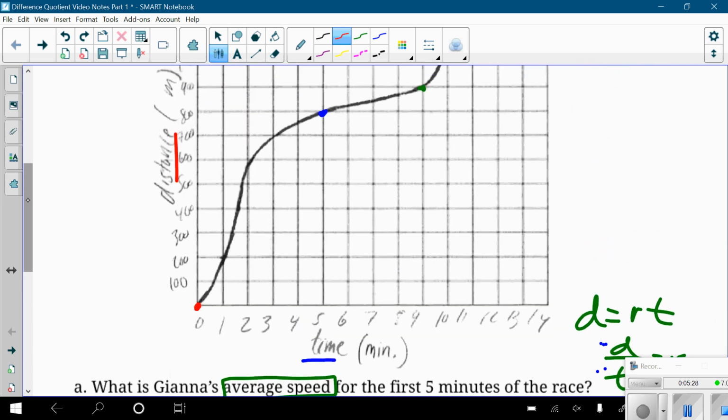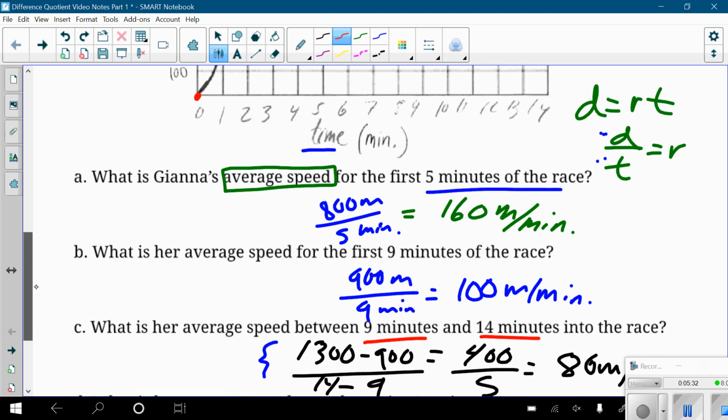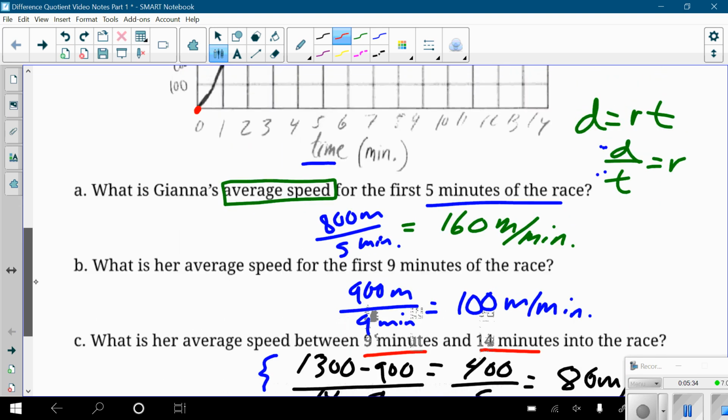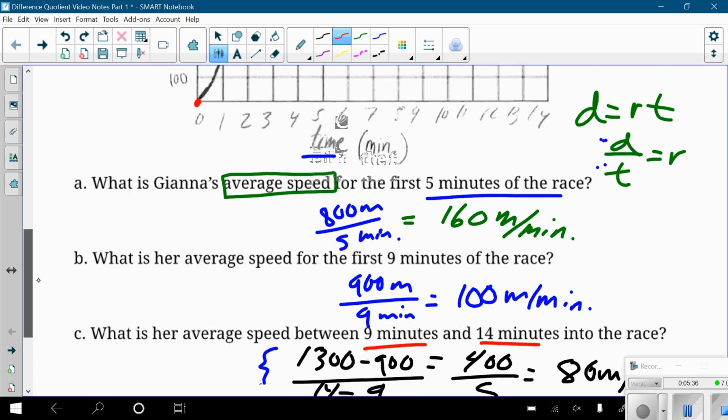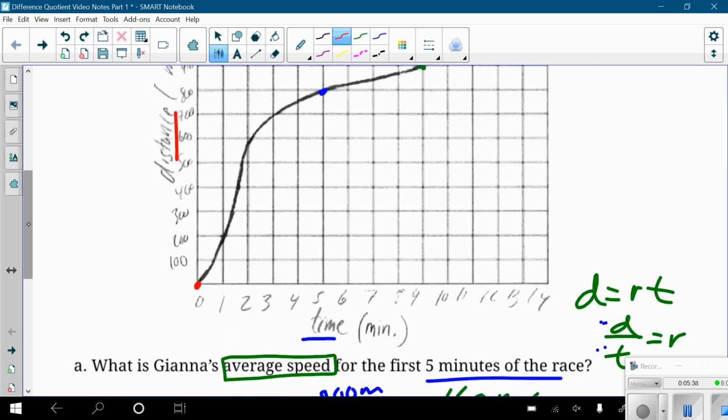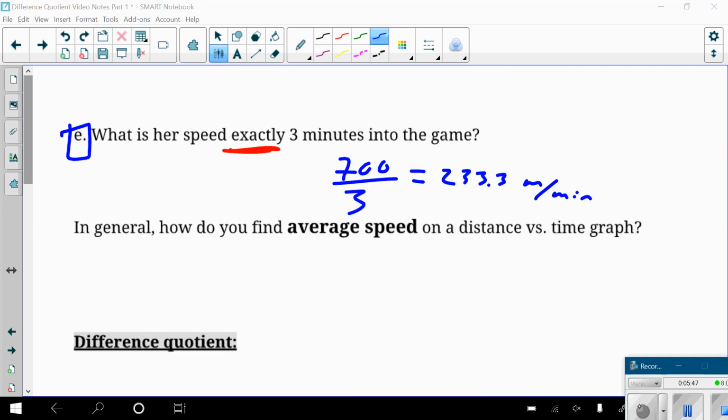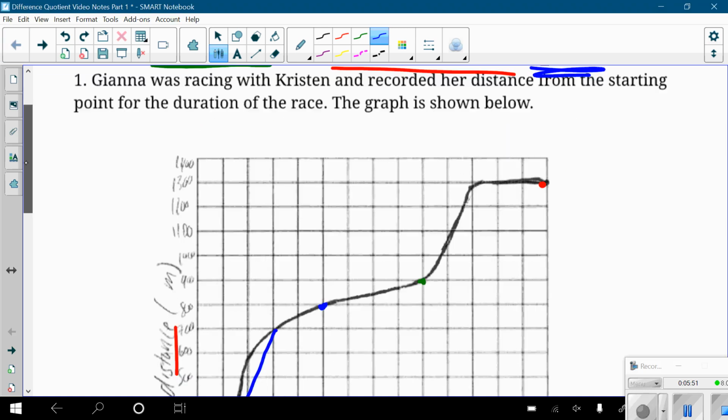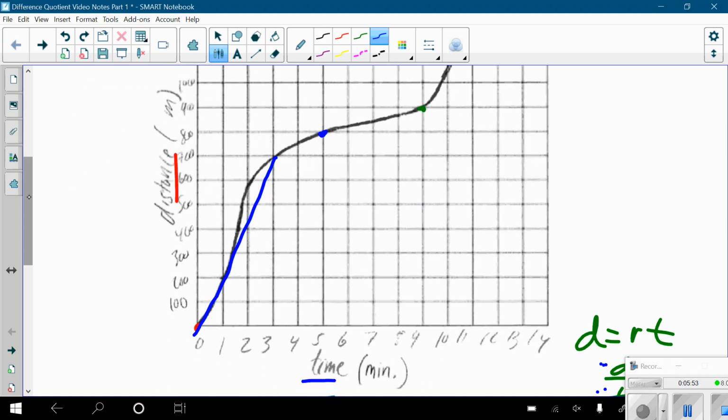It's a weird question, but the way you calculate speed is distance over time. If you think about it at an instant, it doesn't really make any sense. Because this calculation, 700 divided by 3, is her average speed for the first 3 minutes.